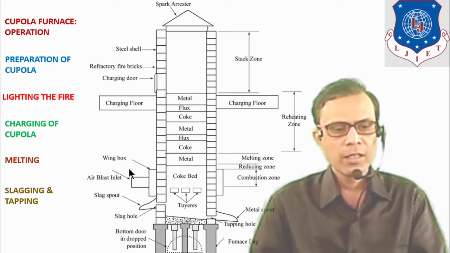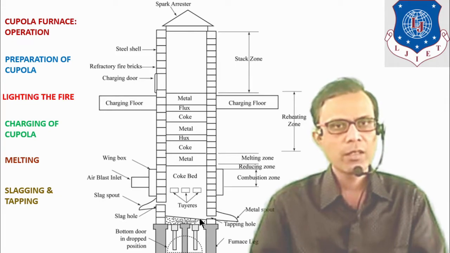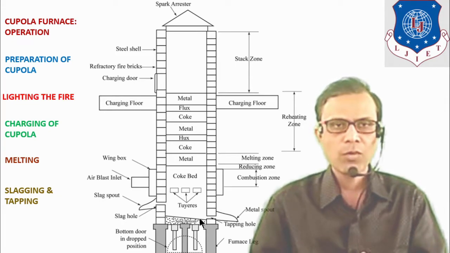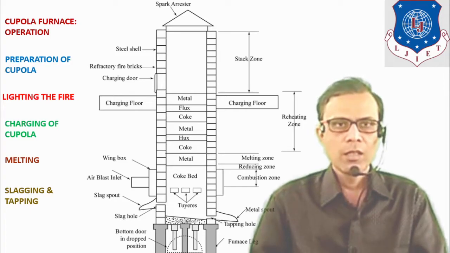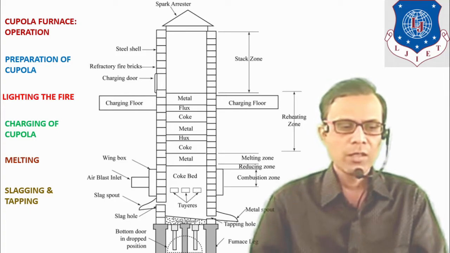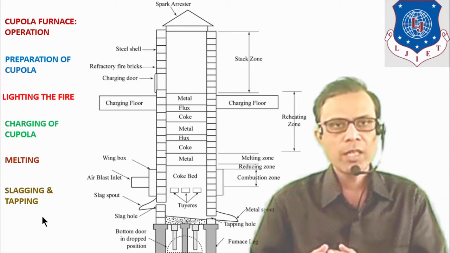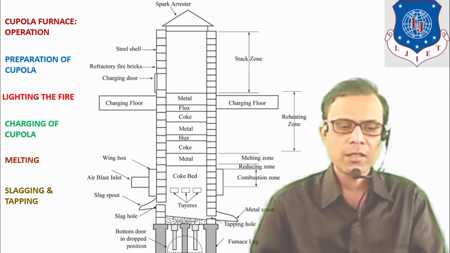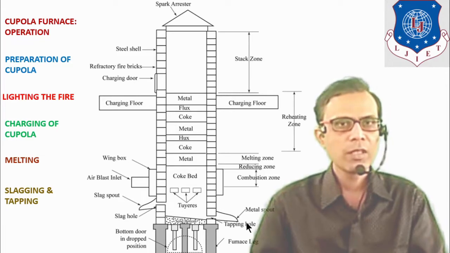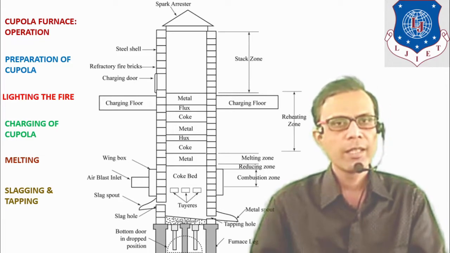As the air blast continues, the melting process will be continuously taking place. So slagging and tapping are done alternately by this slag hole and tapping hole, and all the molten metal is collected.